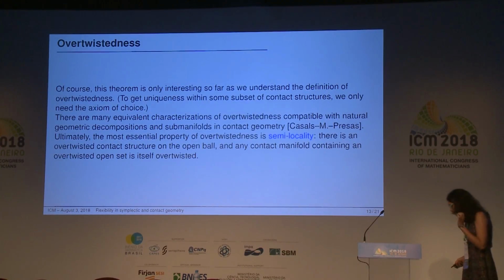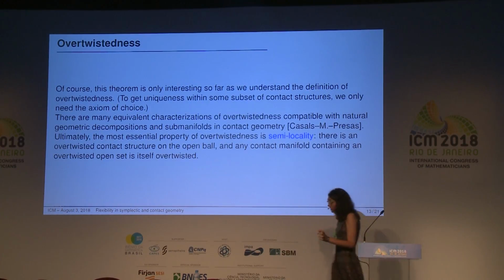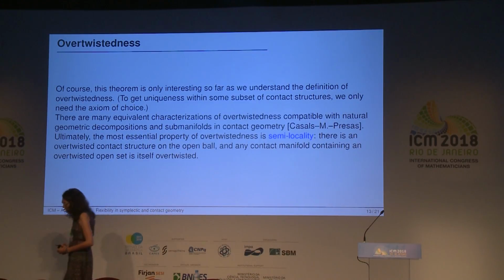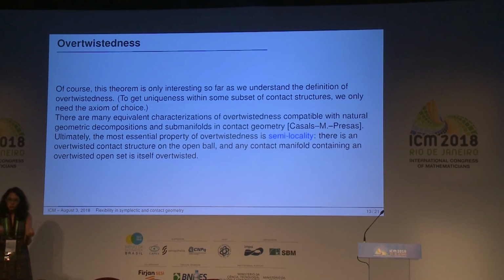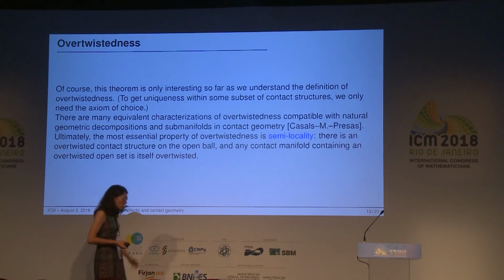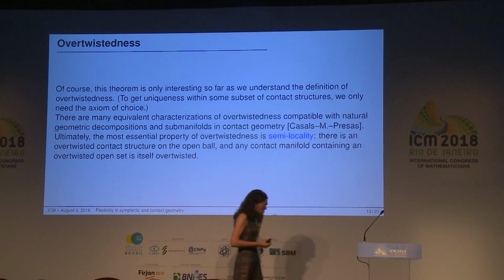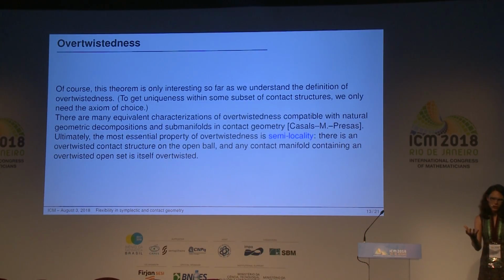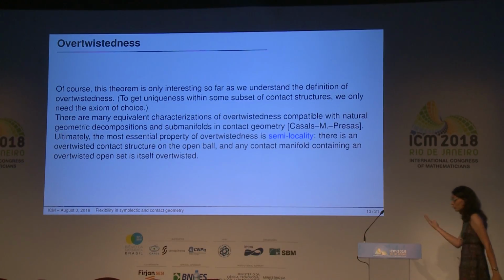But I'd say the most important property of overtwistedness is that it's a semi-local property. Of course, it's not local, as contact structures locally have no information. But what I mean is that overtwistedness is defined by containment of some kind of model. So if you contain some subset which is overtwisted, then you're overtwisted.